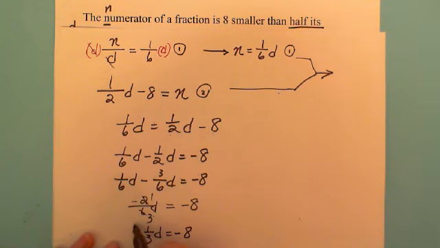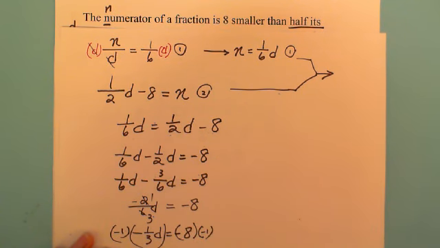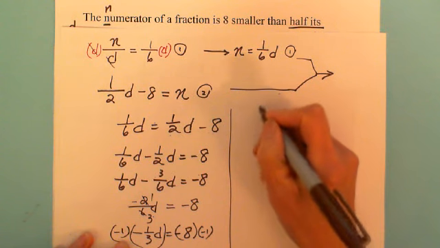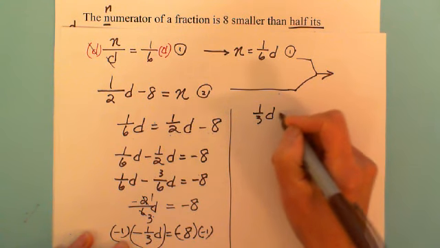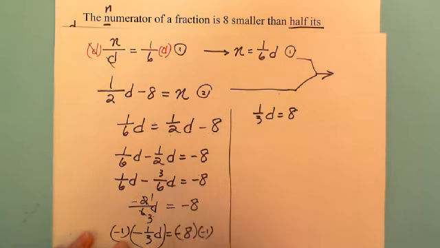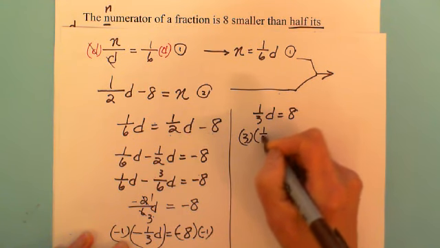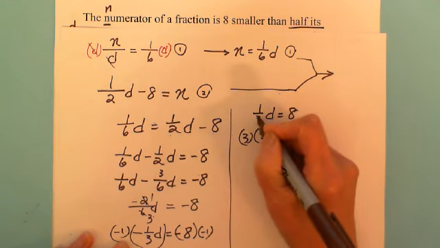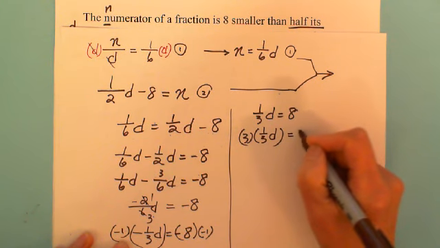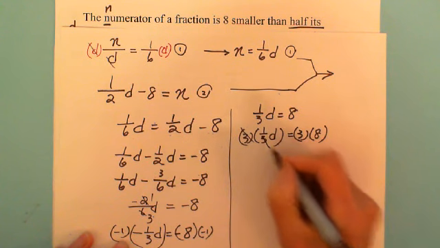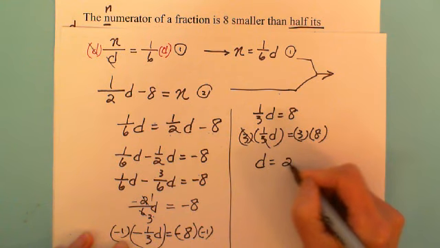The reason is you can multiply negative 1 for both sides, and you got positive 1/3 d equal positive 8. Then you multiply 3 for both sides to eliminate the denominator. Also you multiply 3 with 8. Then you got d equals 24.